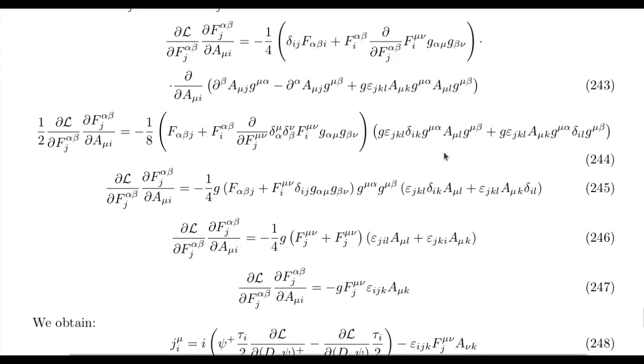Then we can factor out the two metric tensors g. And then we have two addends in the parentheses. Then we multiply these two g tensors with this F tensor, so we get this F j nu contravariant. Here we have, because of the delta ij, a j instead of i.